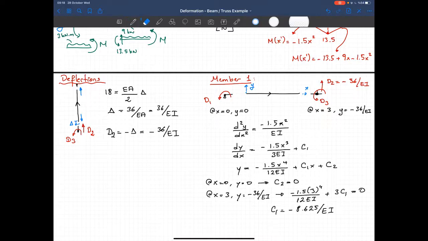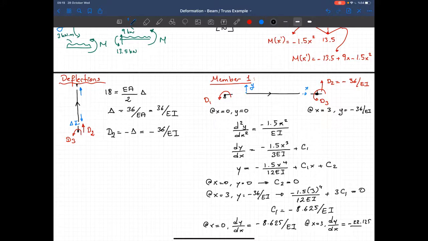At x equals 0, dy over dx will be equal to this value, minus 8.625 divided by EI, and at x equals 3, dy over dx is equal to minus 22.125 over EI.